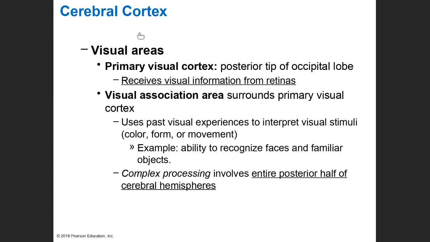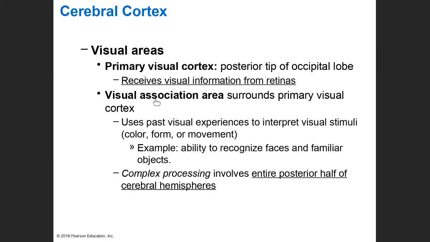All right, for vision, you have a primary visual cortex. This is located in the occipital lobe, and it receives information from the retina. Just like with every other sensory modality, you have an association area. I'm really not concerned that you know the specifics about the visual association area, but this is here if you want to look at it.